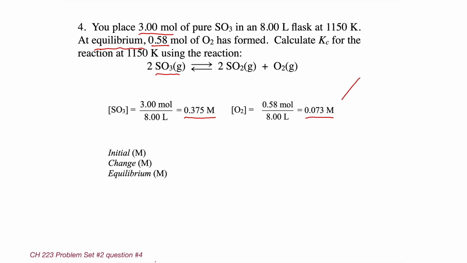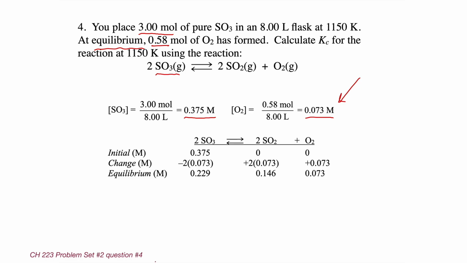And then this number right here is going to be helpful to us when we figure out the equilibrium values. So let's look at this ice table. Initially, the first row, we started with 0.375 moles per liter, and we didn't have any SO2 or O2.